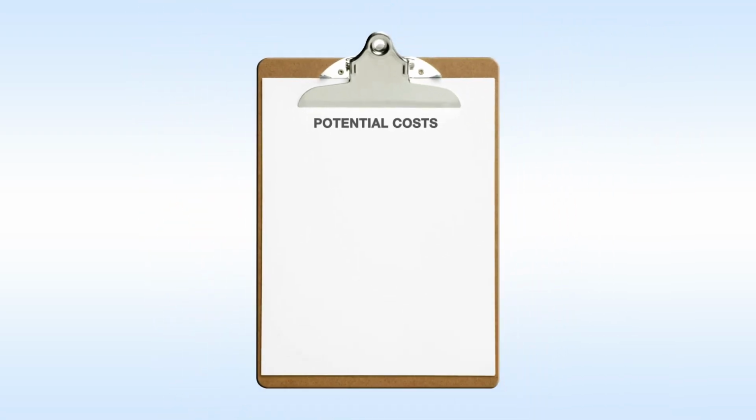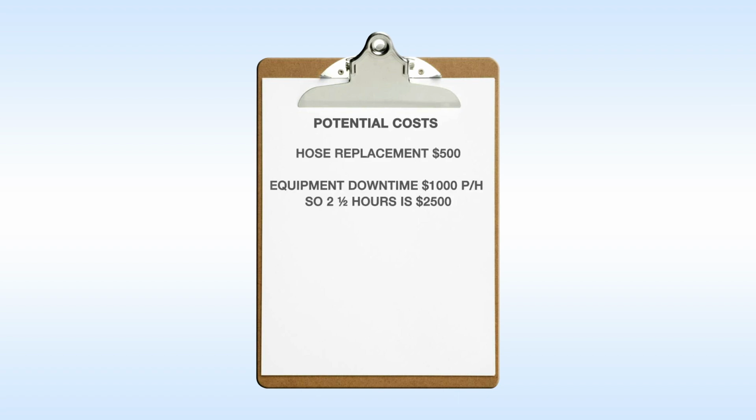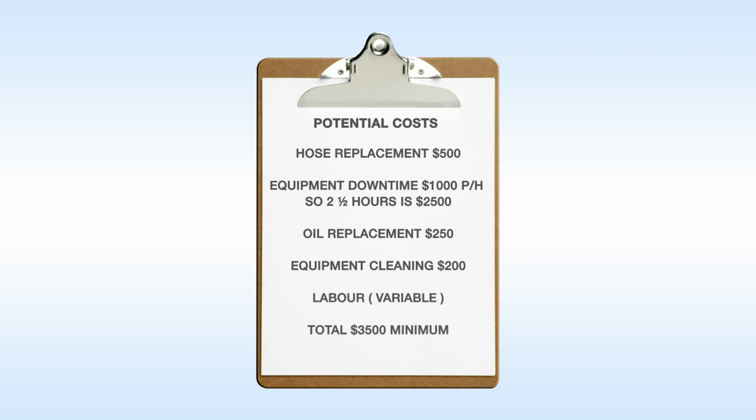The potential cost of a machine being out of service due to unplanned replacement could look like the following: replacement hose, $500, equipment downtime, $1,000 per hour, so 2.5 hours is $2,500. Oil replacement, $250. Equipment cleaning, $200. Add labour and other incidental costs. So, as a minimum, we could expect the breakdown to cost over $3,500. Obviously, the breakdown of a larger piece of equipment could have huge cost ramifications.